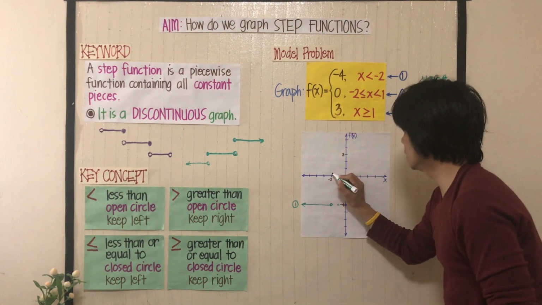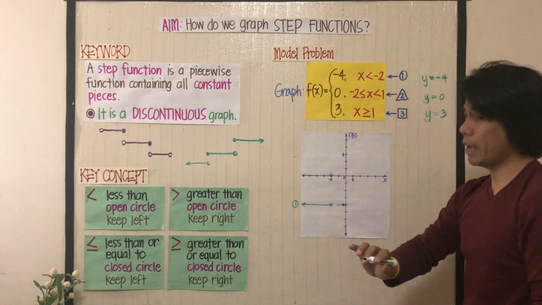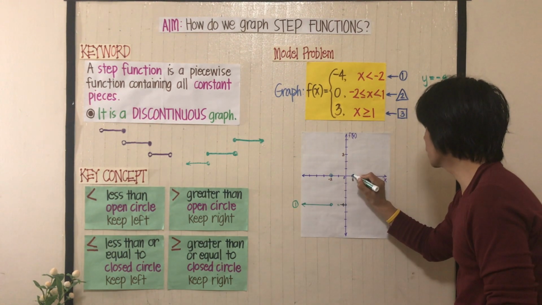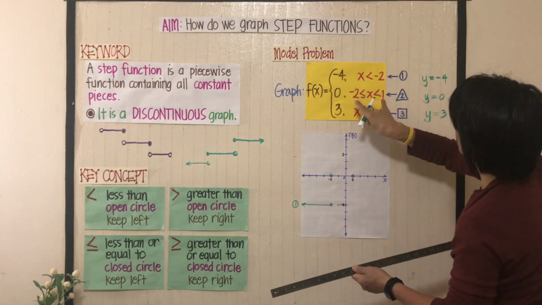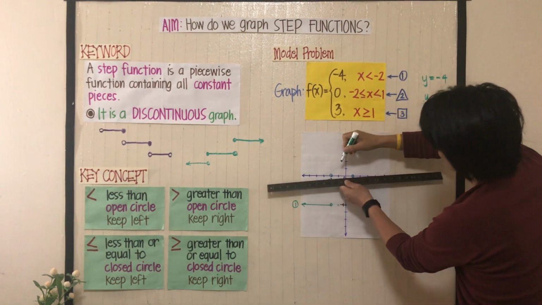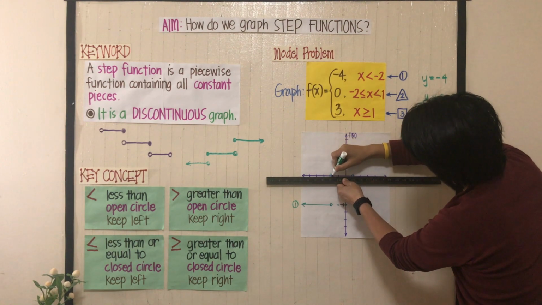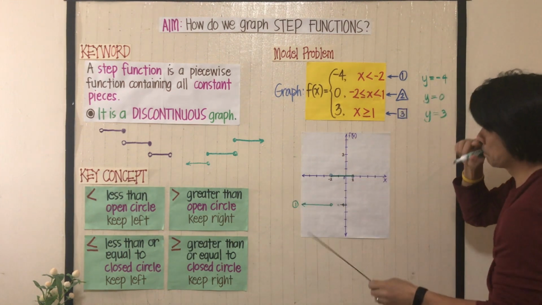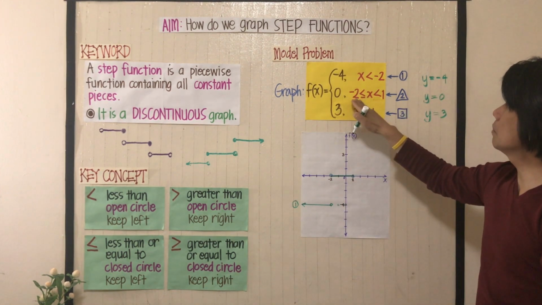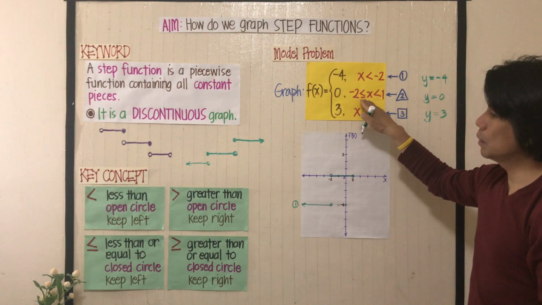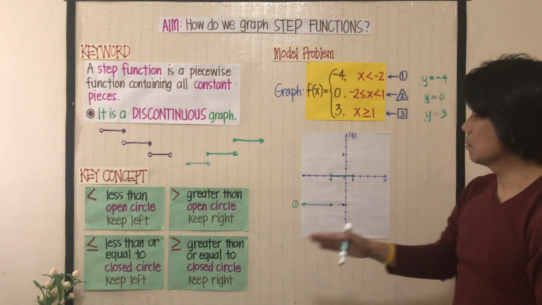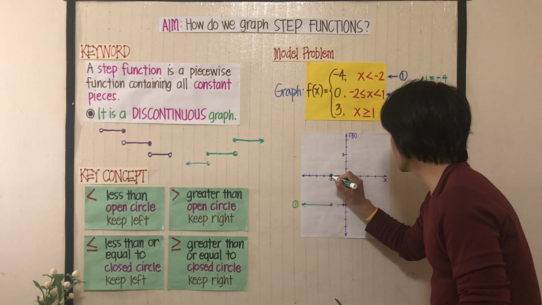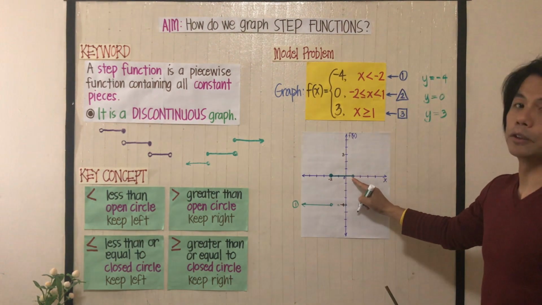So let's put an open circle here for now on -2, then +1, another open circle, and since it's between -2 and +1, our line would be right here. Alright? Now, it says -2 is less than or equal to. What does it mean? If you have less than or equal to, that means it's a closed circle. So we're going to close this circle, and this is an open circle.